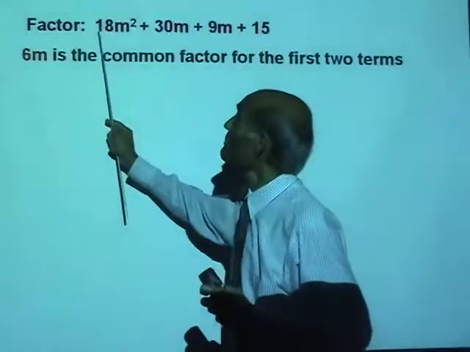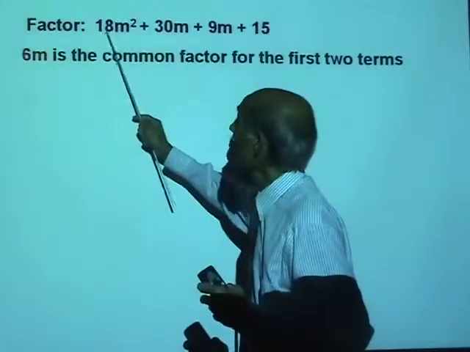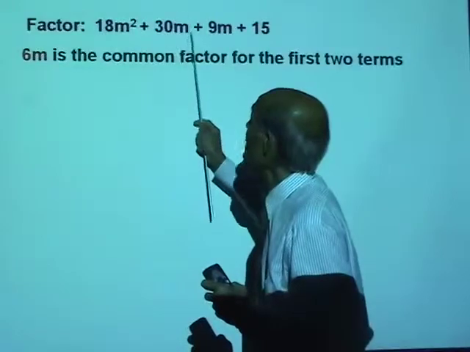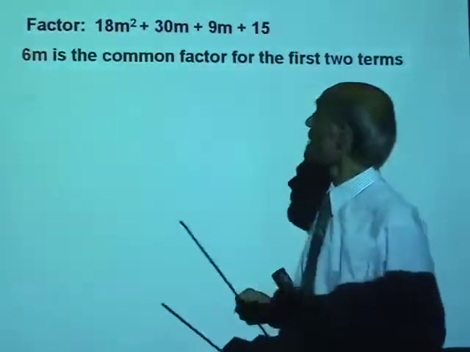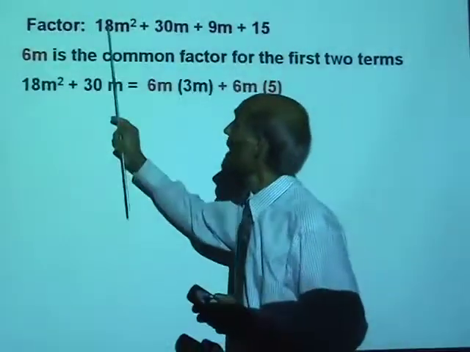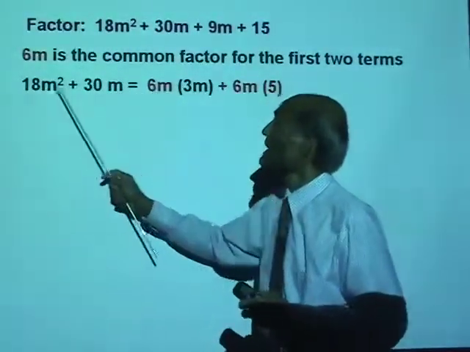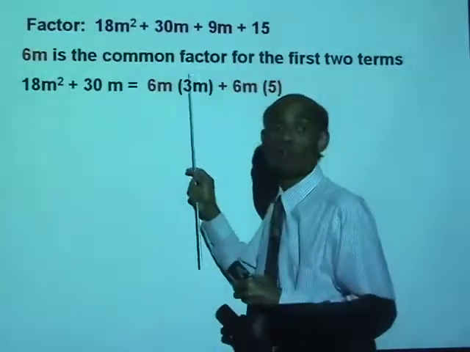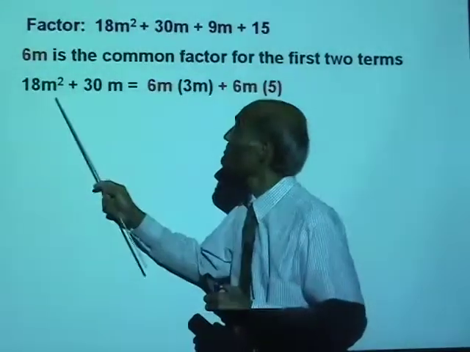Now what is the common factor in the first two terms? 18m squared plus 30m. We can see 6m is the common factor. And so 18m squared is 6m times 3m.